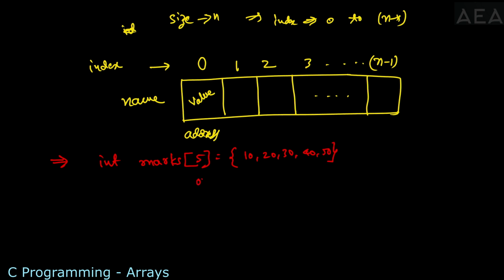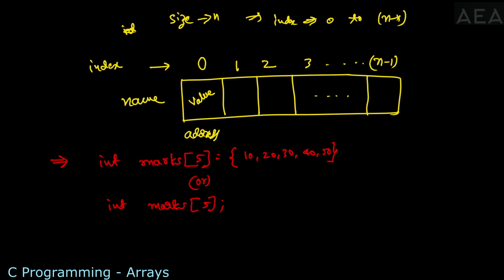Or we can initialize the same array like this also: int marks[5]. In this case you must mention the size of the array. In the first case it is not compulsory, because here I entered 5 elements, so these 5 elements are stored into the array.